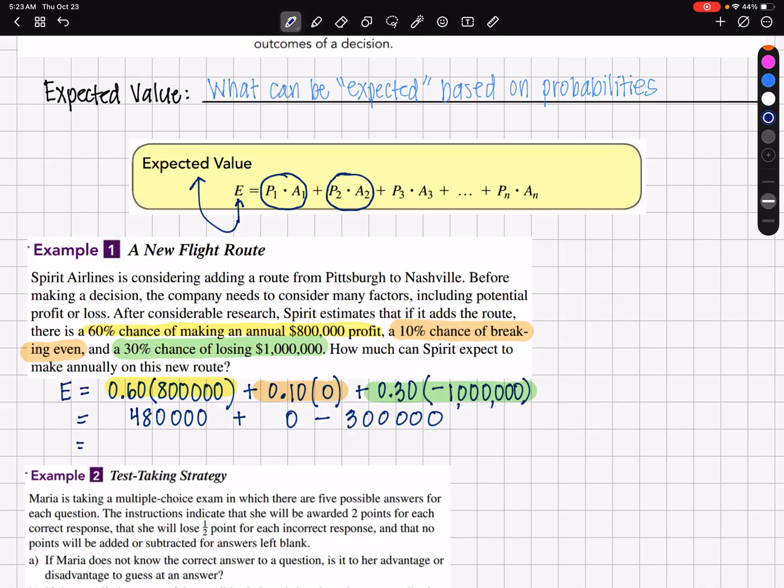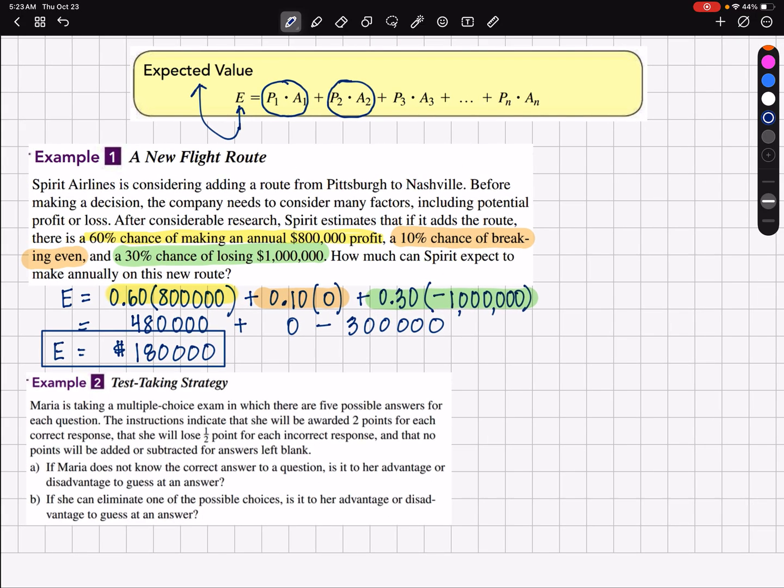When I add those together, I get an expected value of $180,000 profit to their annual revenue. So that's our expected value, is $180,000.